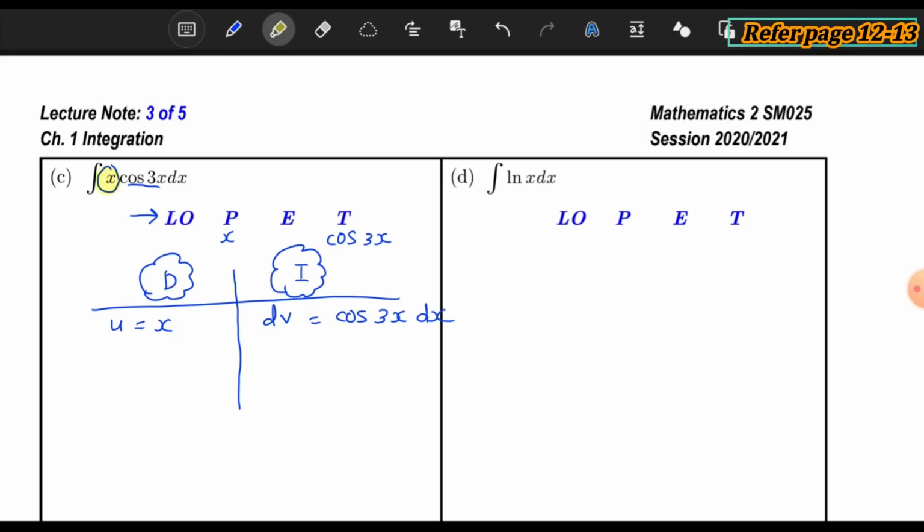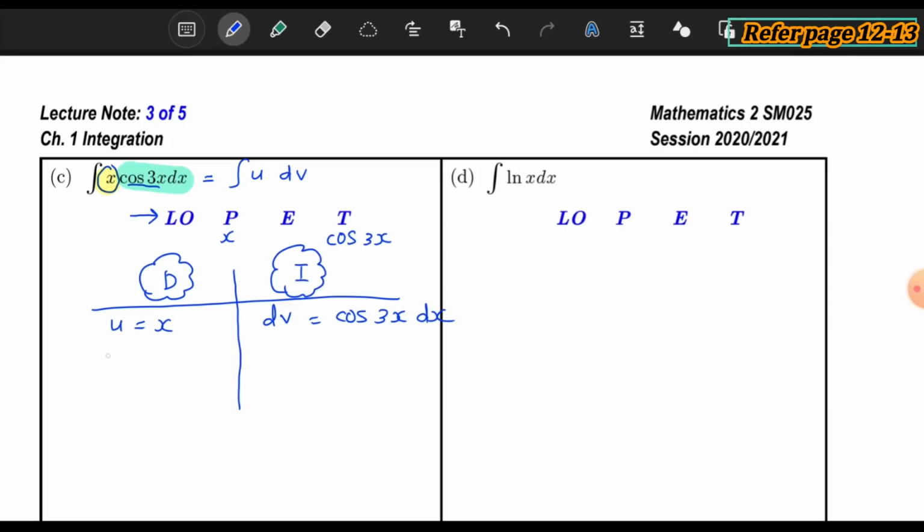X is u and cos 3x dx is v, because we need to compare with the formula u dv. Okay, so integrate u dv is the formula for by parts technique.